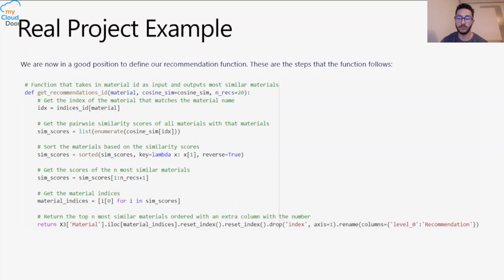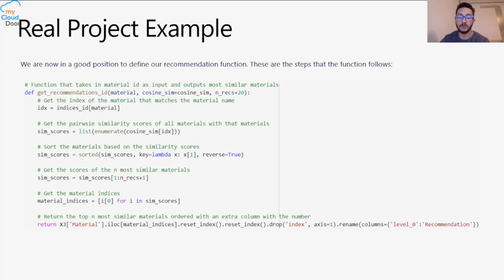So the book most similar to a particular book is the book itself. I hope that makes sense. It's a bit confusing at the start, but if you think about it, it makes sense. And then after we keep the 20 recommendations, we return the title corresponding to the index of the superior elements.